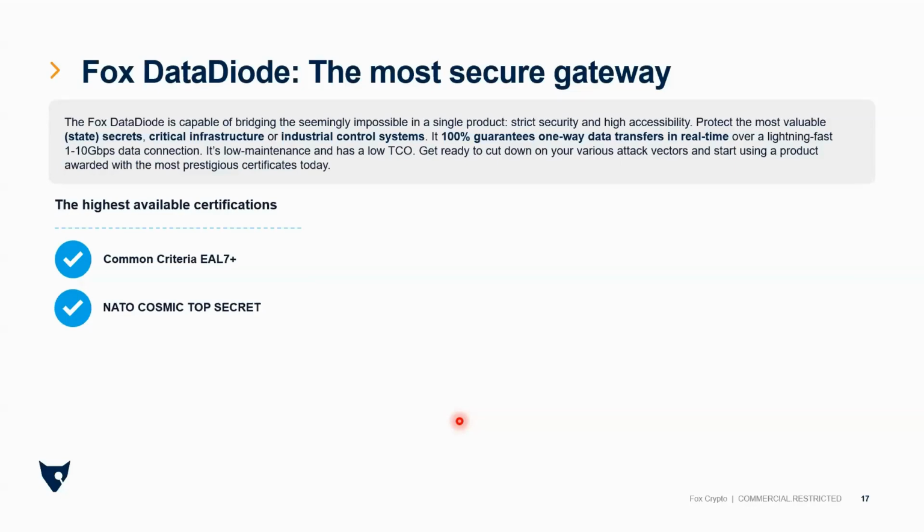That means that the diode, from the design, development, production, storage, shipping to the customer, that whole process from beginning to end is documented and secure. So it's really secure by design from A to Z. It's also certified to transport NATO Cosmic Top Secret information over the data diode. So that's why it's used by a lot of organizations.